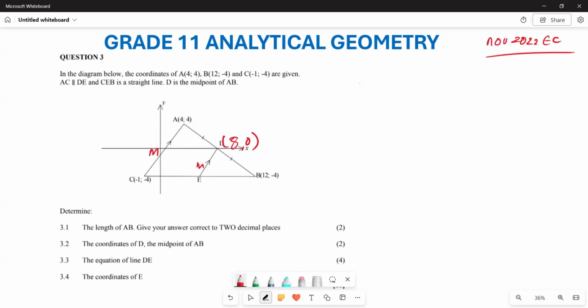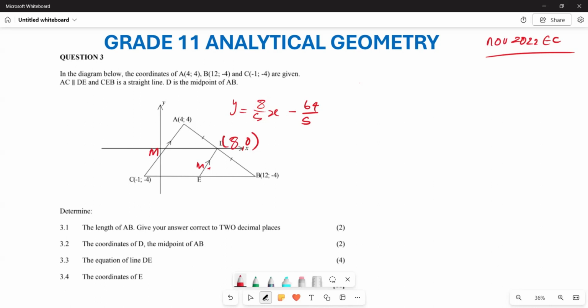In order for us to find this coordinate, remember the equation of DE is given by y equals 8 over 5x subtract 64 over 5. Now, I want you to take note of something. Can you see that C, E, B are collinear?